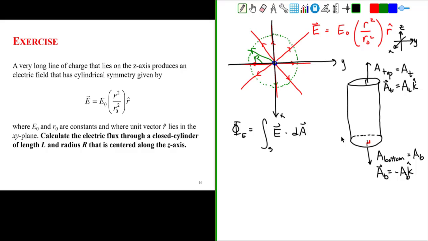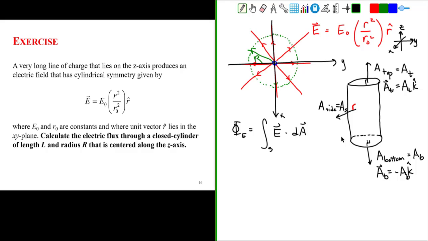Now there's one more side, and that's the side. So the side is coming out, and let's represent the area vector for the side. I will call this A side, and I'll abbreviate that as A sub S. Now the area vector for the side isn't unique.